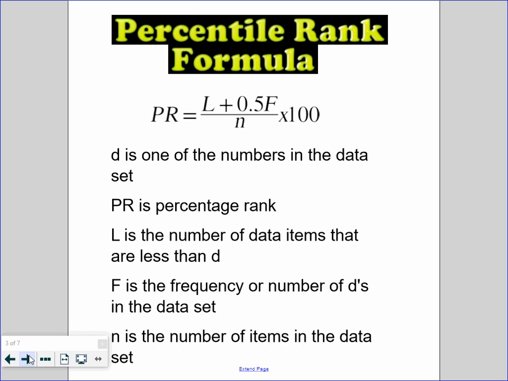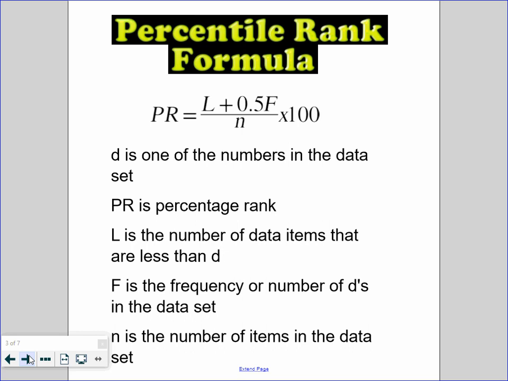So PR is the percentile rank. L is the number of data items that are less than D. So D, again, is a specific value, and L just represents how many numbers are less than that specific value that we're working with. F is the frequency or number of Ds in the data set.